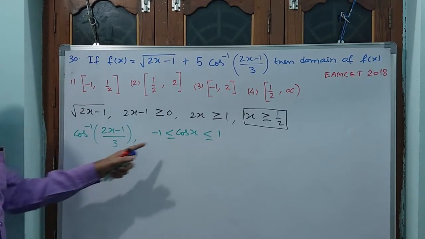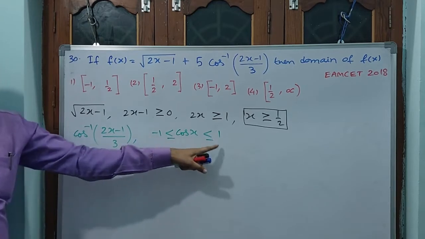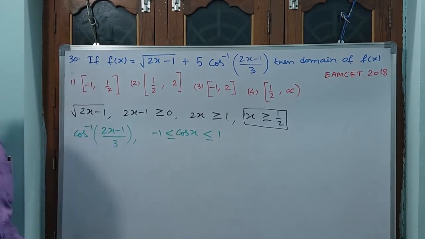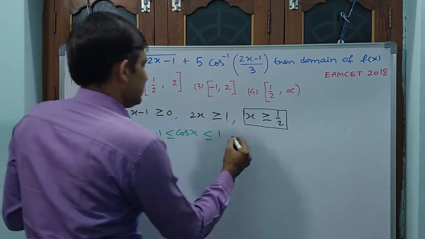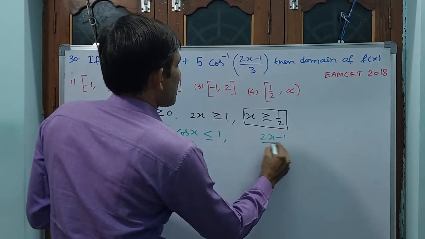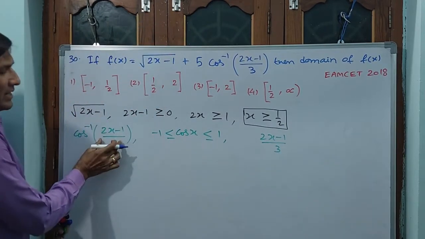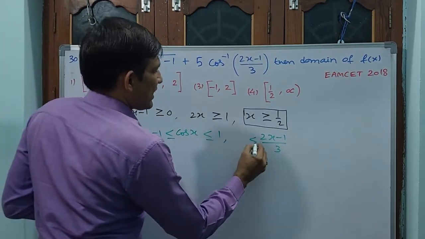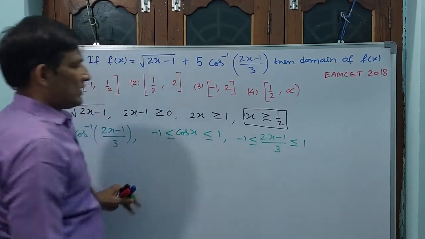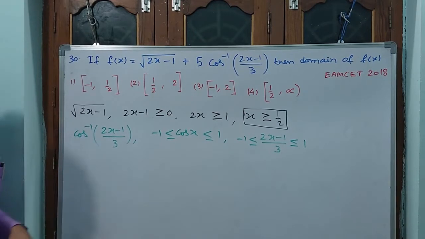Okay, cos x is between minus 1 and 1. That means the entire value (2x minus 1) by 3 will be between minus 1 and 1: greater than or equal to minus 1, less than or equal to 1.